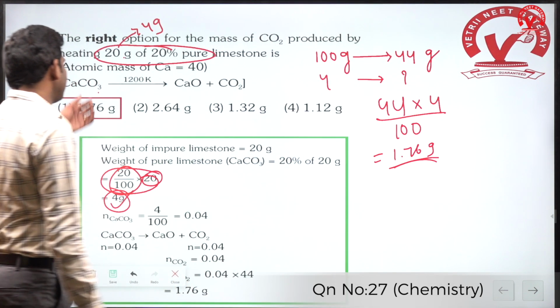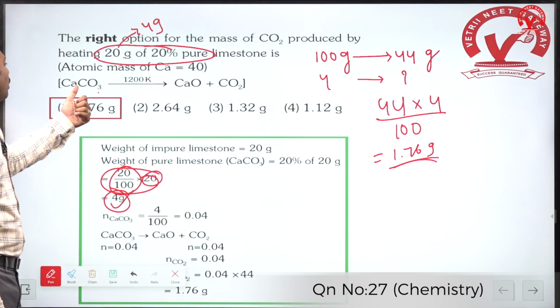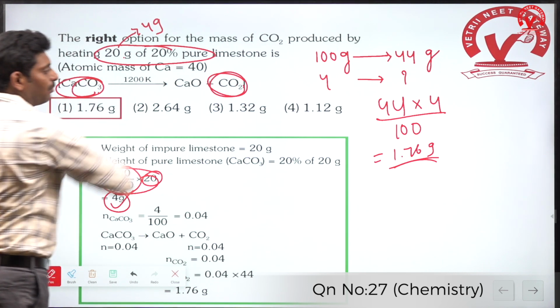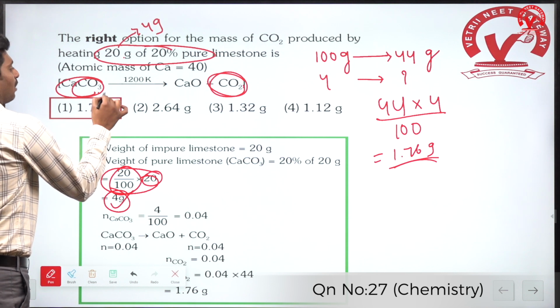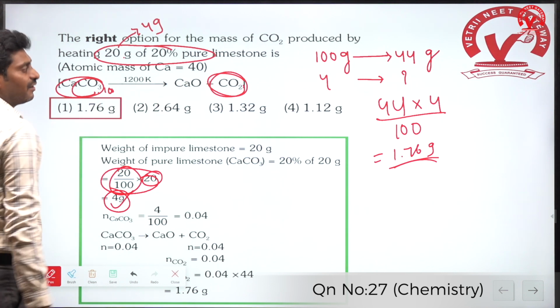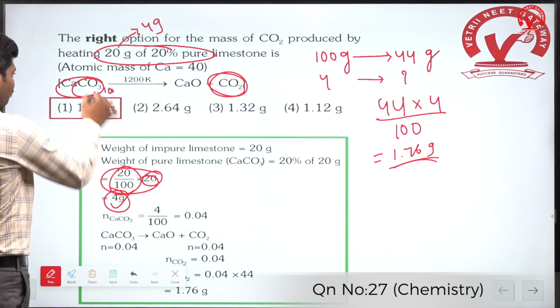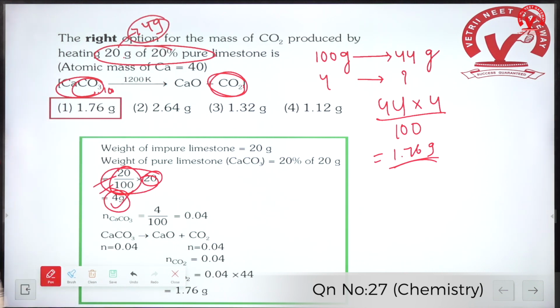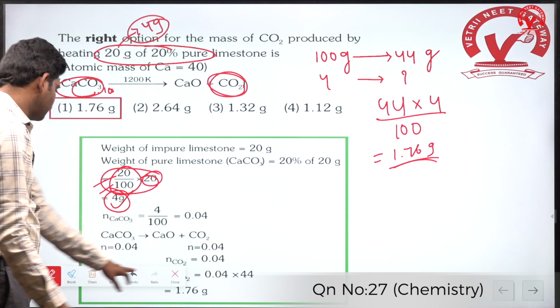First take it from the main equation: 1 mole of calcium carbonate gives 1 mole of carbon dioxide, so 100 grams gives 44 grams, then from this, 4 grams is calculated like this. So you can use the crisscross method.